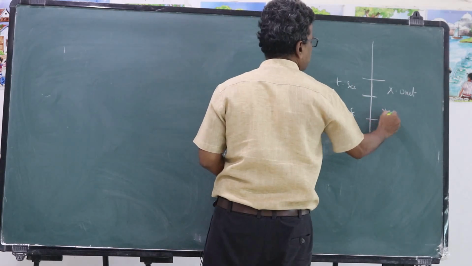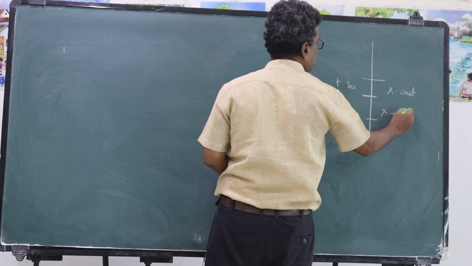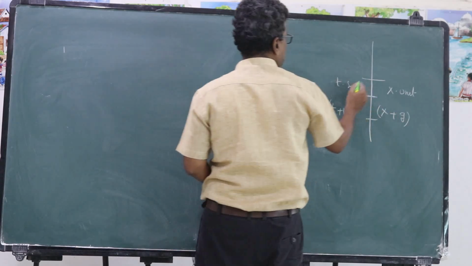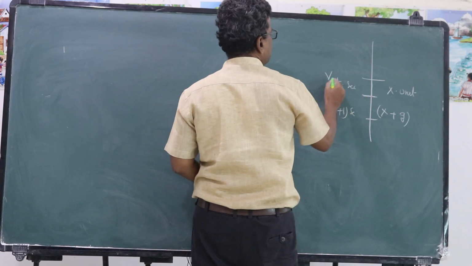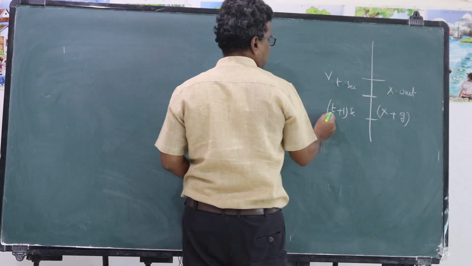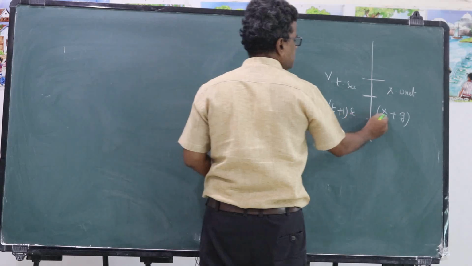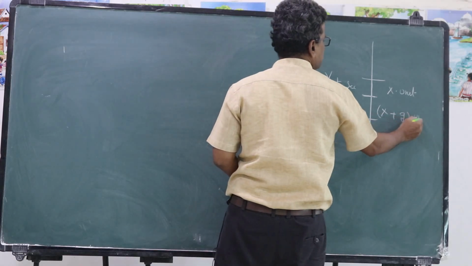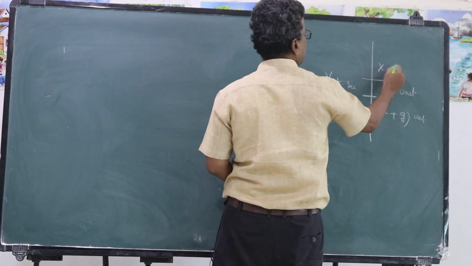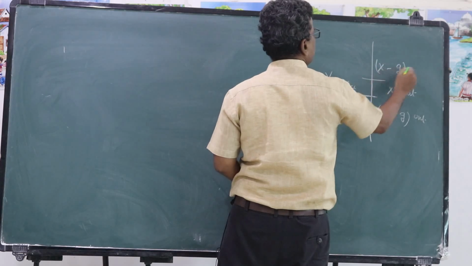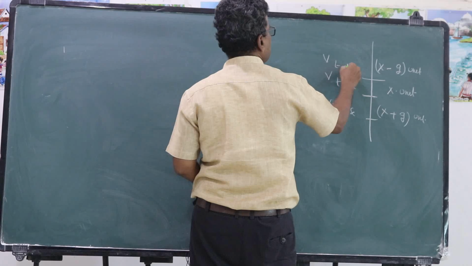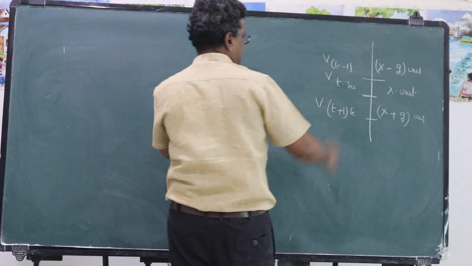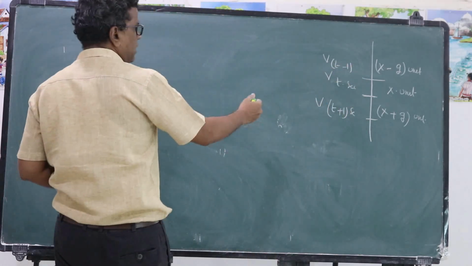We can write it as x plus g units, incremented. Here the velocity is x minus g units, the velocity one second before, at t minus 1 seconds. Similarly, we can prove this one.